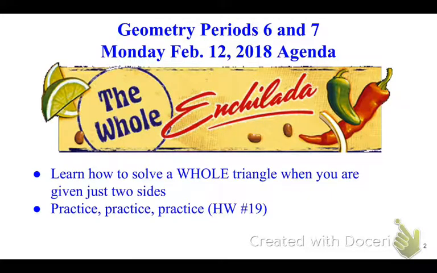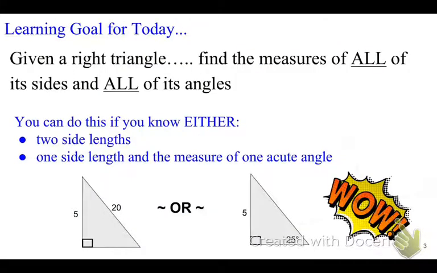So the whole enchilada, that's what we're working on. We're going to solve the whole triangle. And again, today we're going to just work on solving it when you are given just two sides. So given a right triangle, find the measures of all of its sides and all of its angles.